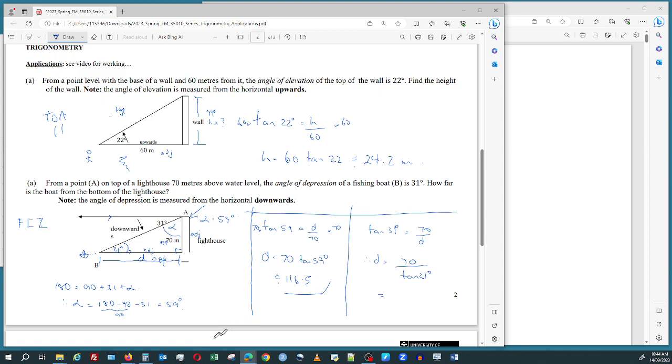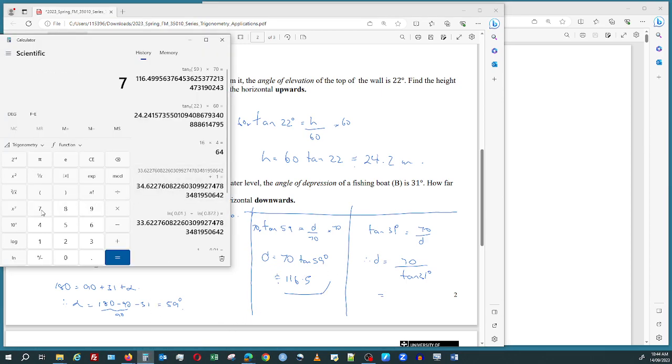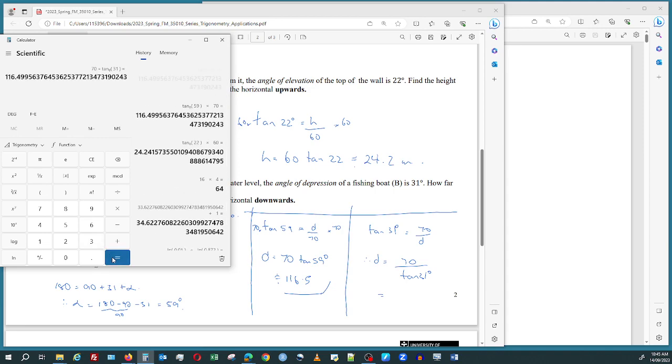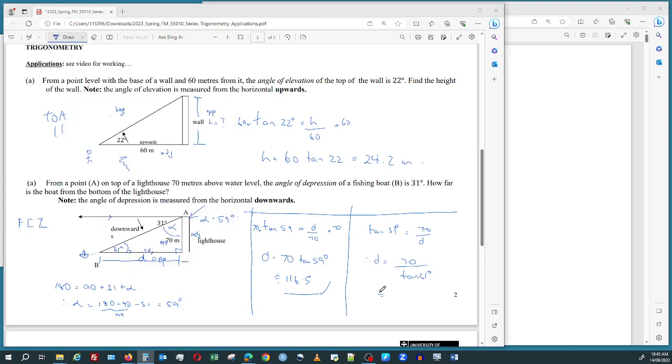And then this one over here is 70 divided by the tan of 31, which is equal to 116.5. Happy days. So either way, as long as you manage it: one extra calculation to get a simpler version, or there's a rearrangement that has to happen to get D.